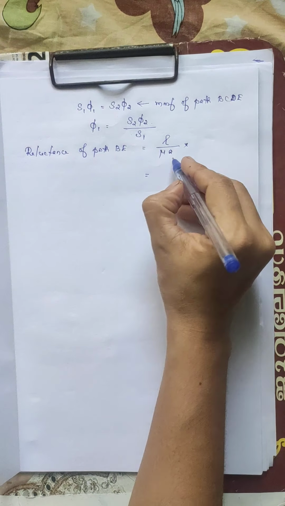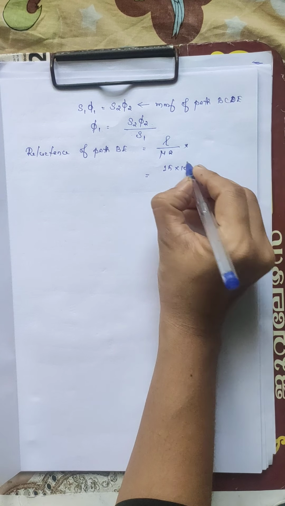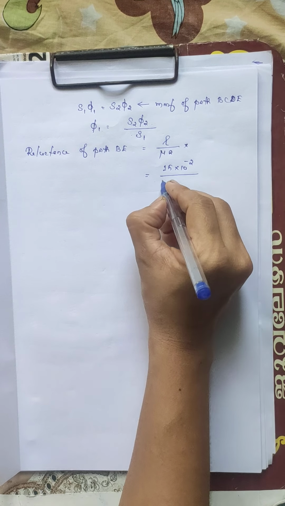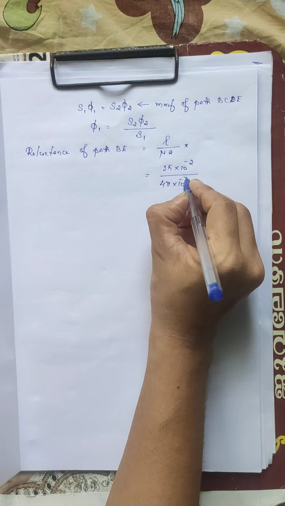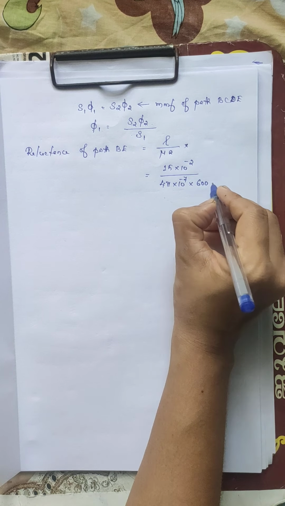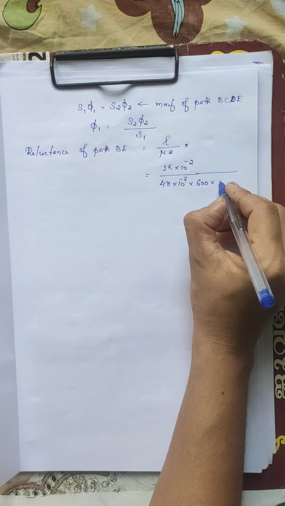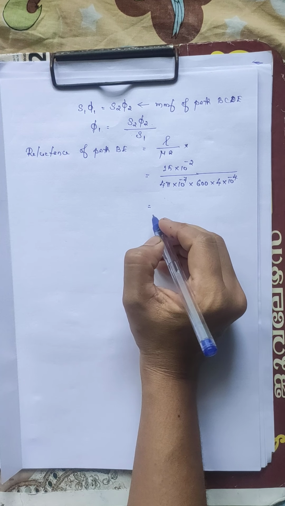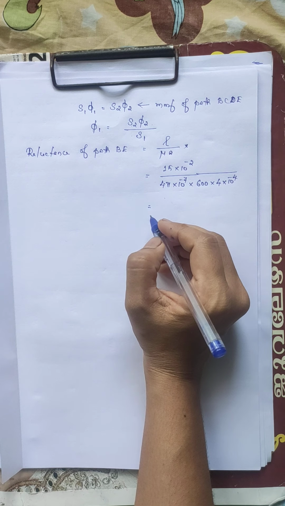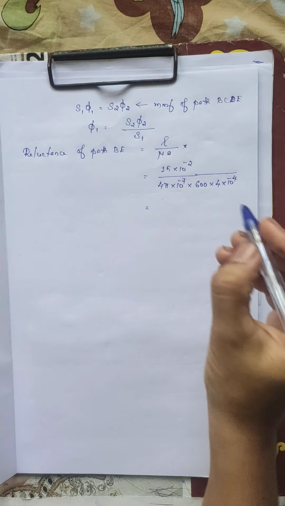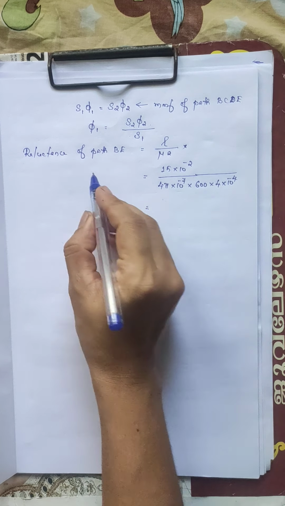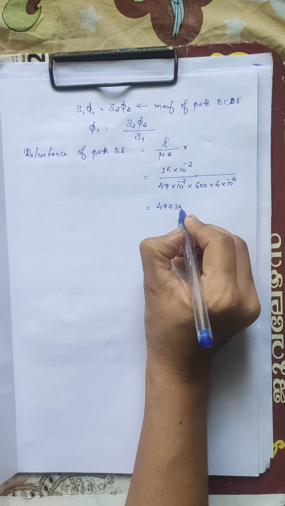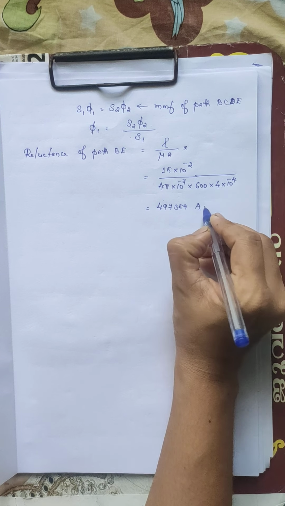So 15 into 10 raised to minus 2 meters divided by mu 0, that is 4 pi into 10 raised to minus 7, into mu r 600, into area of cross section, 4 centimeters square, that is 4 into 10 raised to minus 4 meters square. On solving this we get the reluctance of path BE as 497,359 ampere turns per Weber.